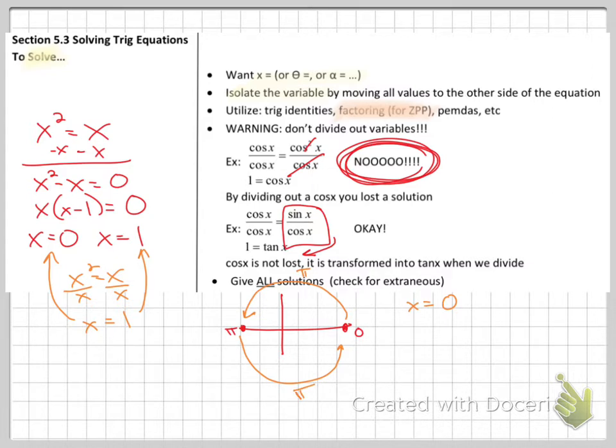So if you say 0 plus or minus pi n, so that's saying just add pi over and over again, or subtract pi over and over again, you will keep landing on those same spots. You'll start here, and then you'll add pi and land here, and add pi and land here, and add pi and land here. So let's see, what is this? 3 pi is an answer, 5 pi is an answer, 7 pi is an answer, right? All those coterminal angles. By writing your notation like this, you hit every possible answer.